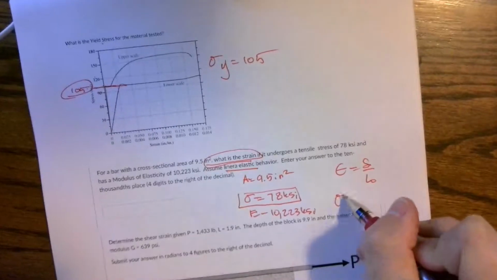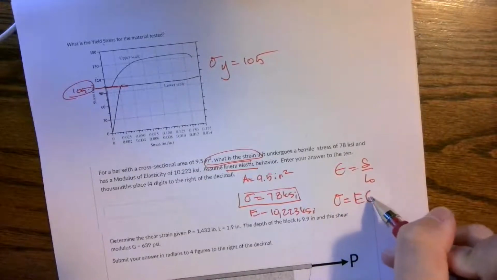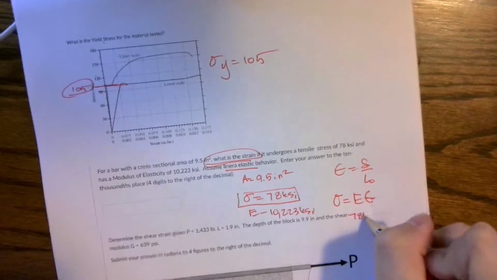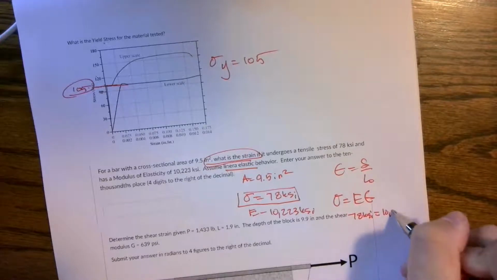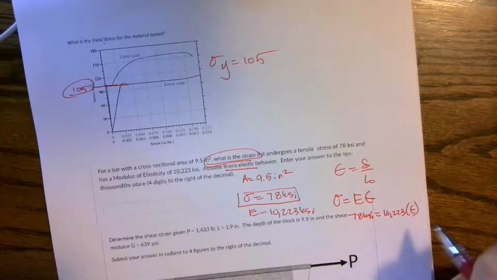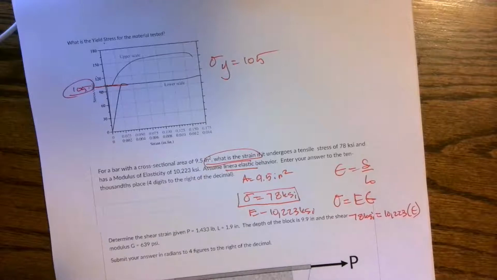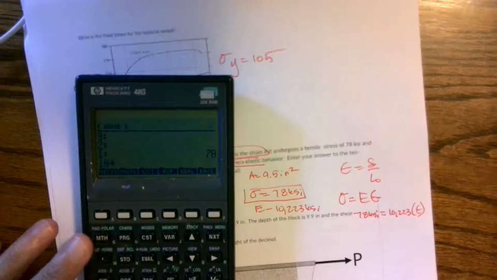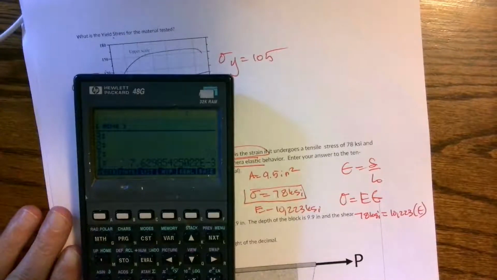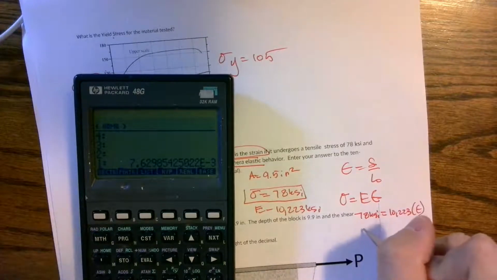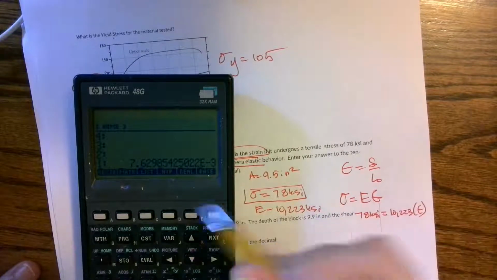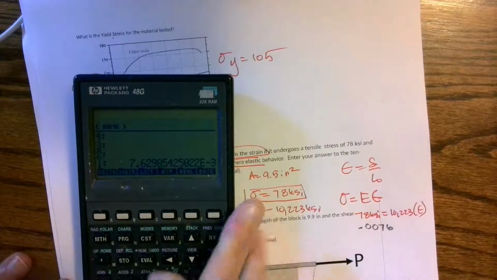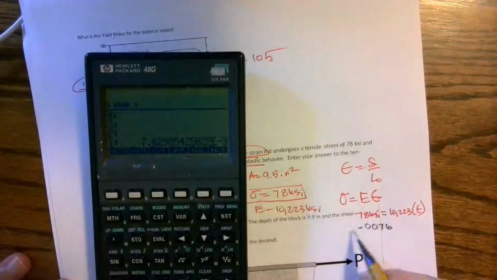I know that stress equals E times strain. I have a stress of 78 KSI and 10,223 for E. So I can just divide 78 by 10,223, and I get a strain of 0.0076, to the 10,000ths place. There's my strain.